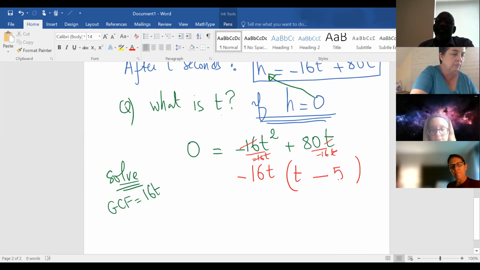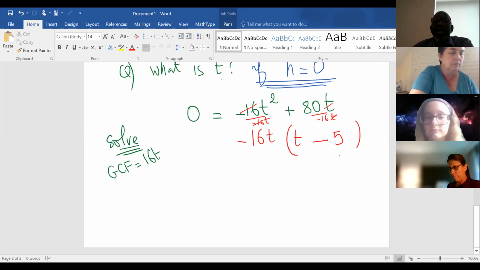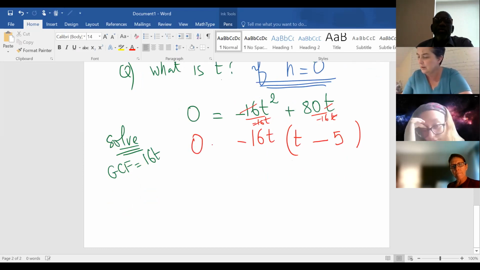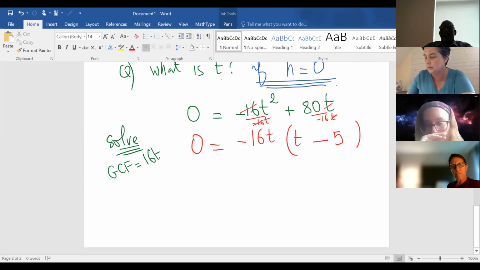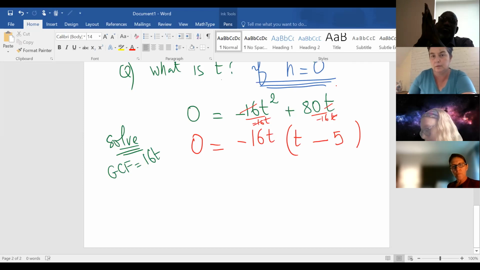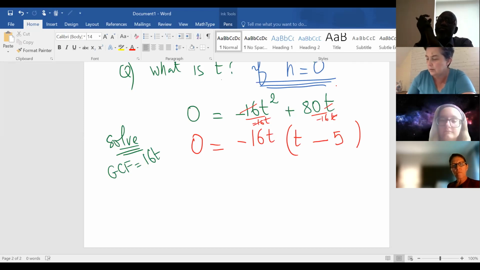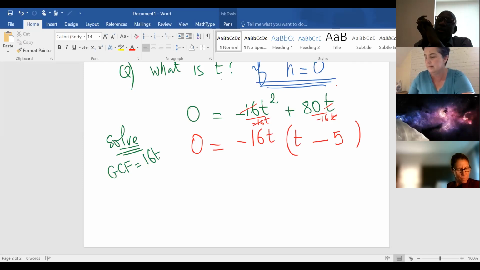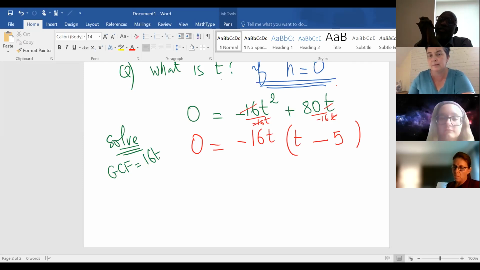It's 5, thank you. So we have 0 equals negative 16t, parentheses t minus 5. All right, and then we have to solve that. Now we have our factoring. Now we have to solve it.